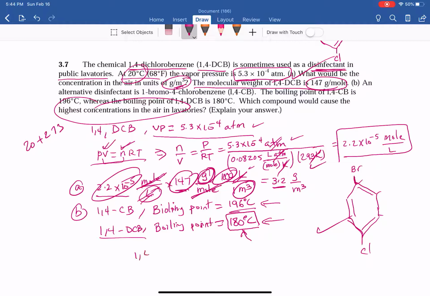So 1,4-DCB will cause higher concentration in the air.